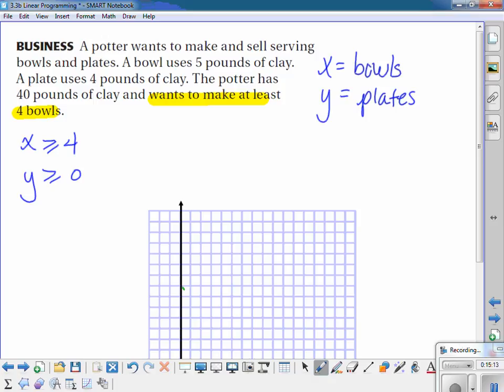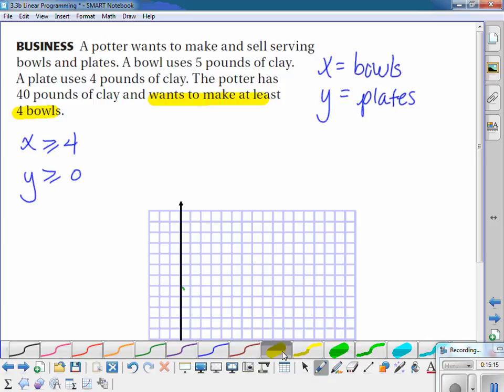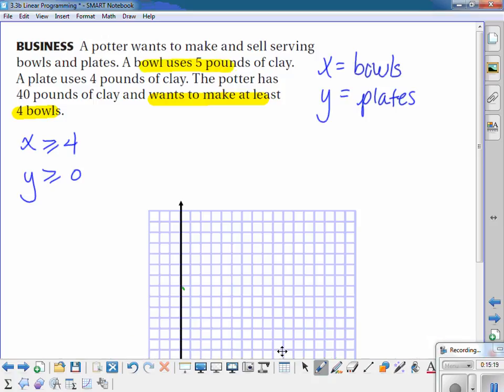All right, the other constraint that I see up here is that a bowl uses 5 pounds and a plate uses 4 pounds, and all I have to use is 40 pounds of clay. So the total amount of clay I use has to be 40 pounds. Could it be more? Could it be less? Yes.